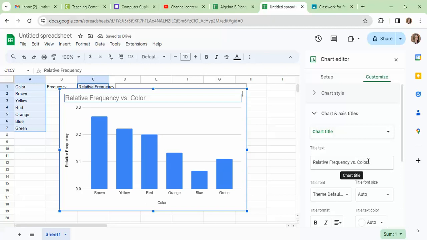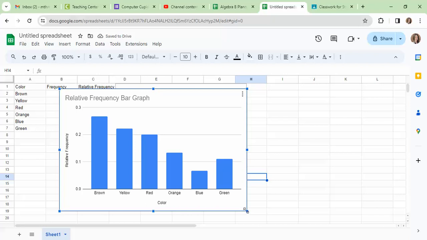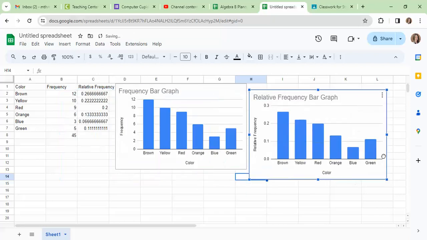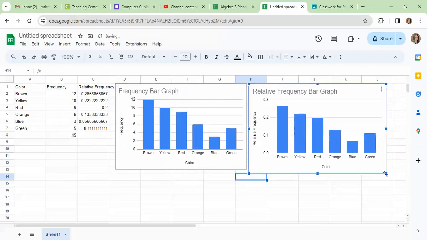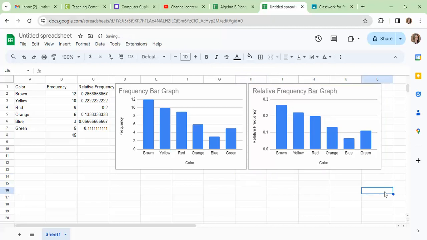And we could change titles or whatever we wanted. Notice these look the same. What's the only difference? Yeah, what the y-axis is counting by, whether it's those decimals or the number of times it occurred.